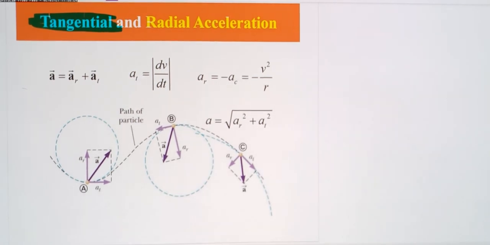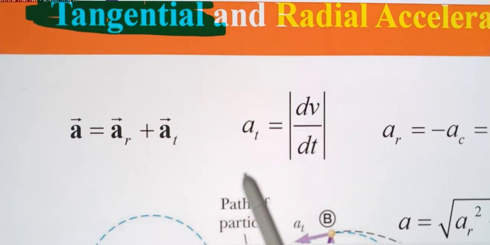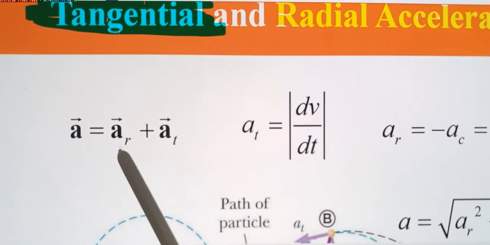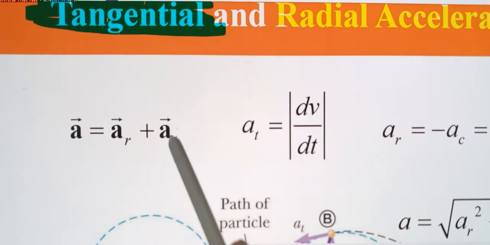So now we have two accelerations. This is the centripetal acceleration that we just introduced, and this is the tangential acceleration that we use kinematics to calculate.